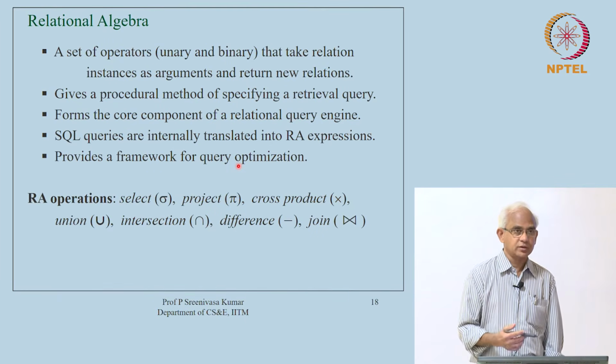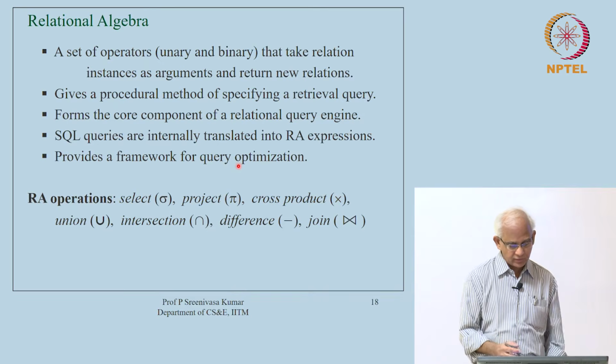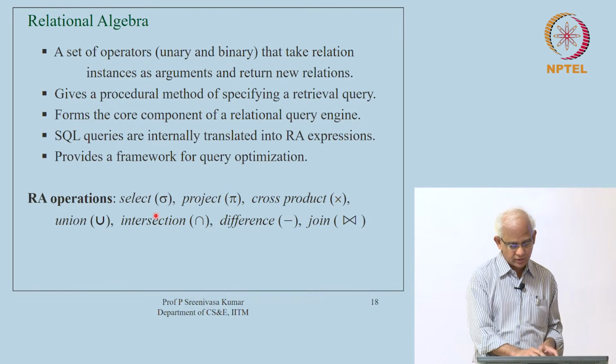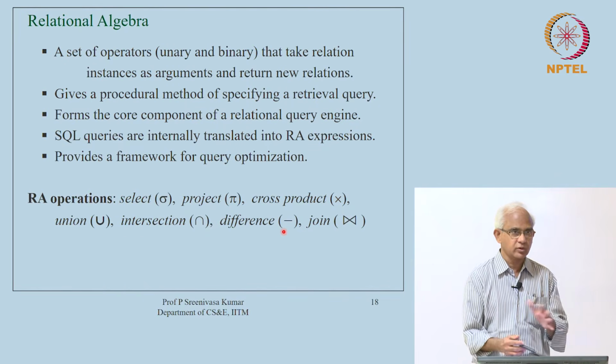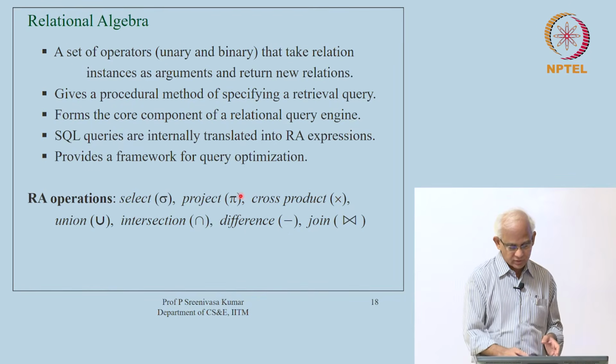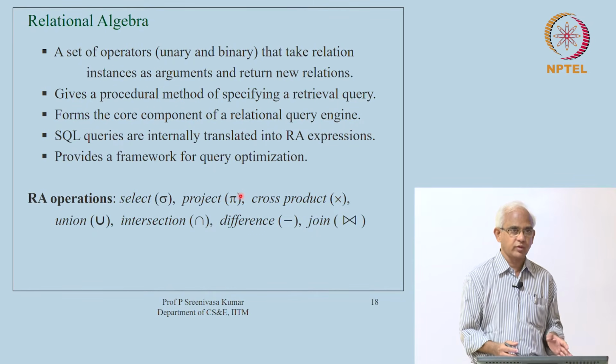So, what are the operators? It is surprising that we have just about half a dozen operators. Actually, you will see that the minimal set of operators, we will come to that a little later, but right now we just have 1, 2, 3, 4, 5, 6, 7, just about 6, 7 operators, and if you clearly understand these operators, this is sufficient for expressing all kinds of queries on relational databases.